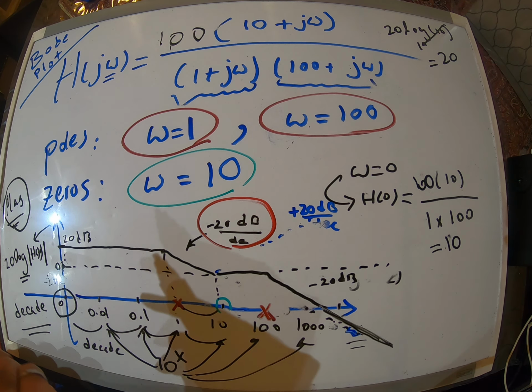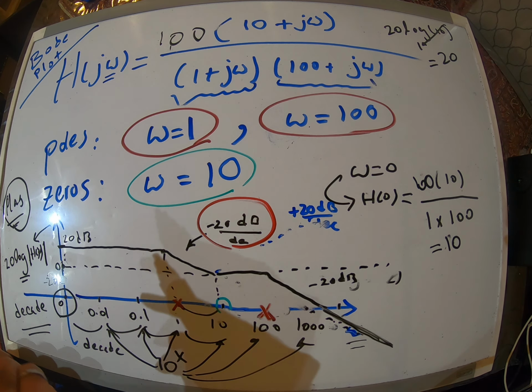Now, let's look at the phase plot. That one is a little bit challenging, okay? So if you want to take a break and come back to it once you're fresh. Okay, so here again we are doing the same transfer function.